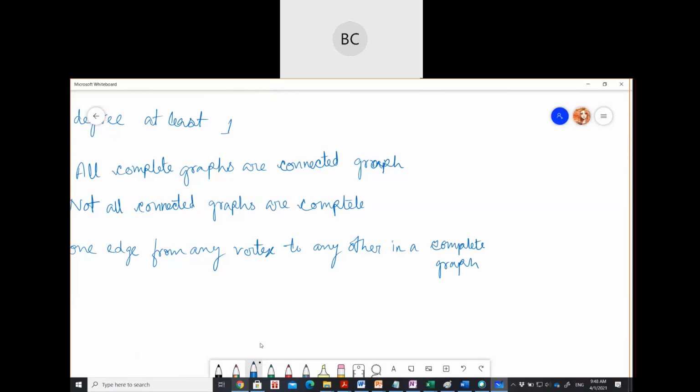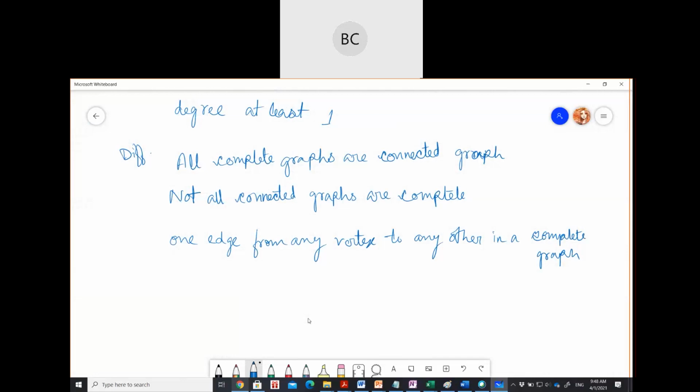And in case of a connected graph, it may take more than one edge.